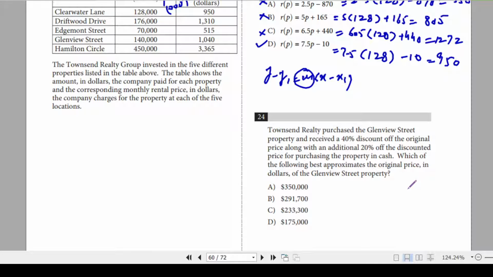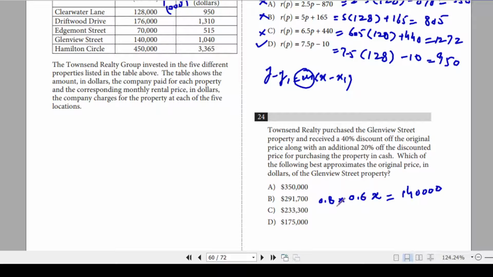Say the original price was X dollars. When they got a 40% discount, it became 0.6. And when they got a 20% discount, it became 0.8. After these two discounts, the price was 140,000.